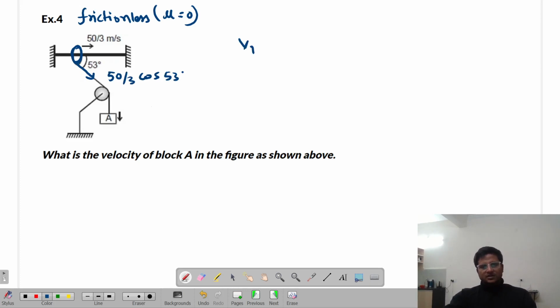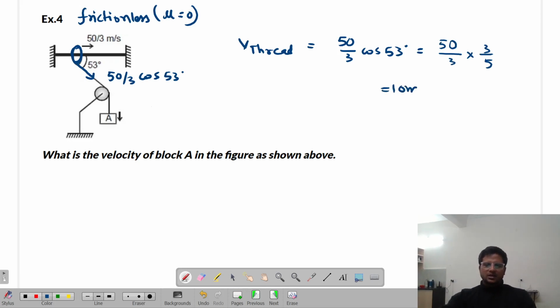So basically the velocity of the thread is 50/3 cos 53. Cos 53 is 3 by 5, so 50 by 3 into 3 by 5. That is 10.